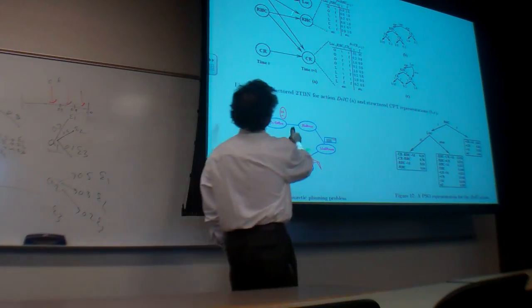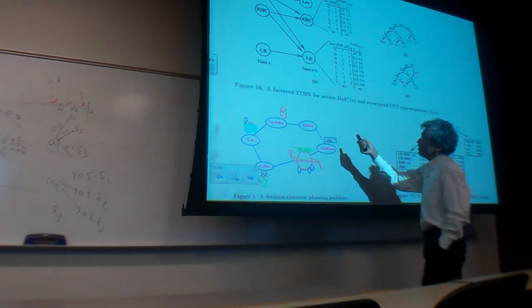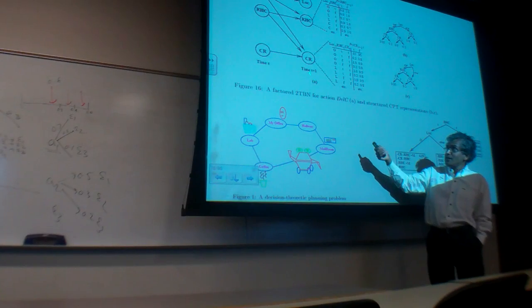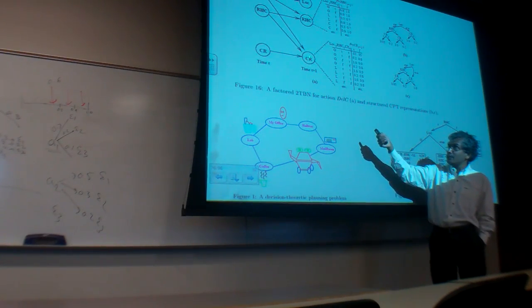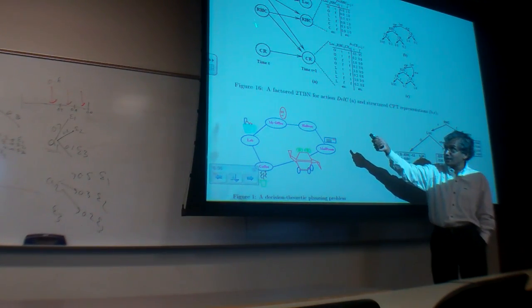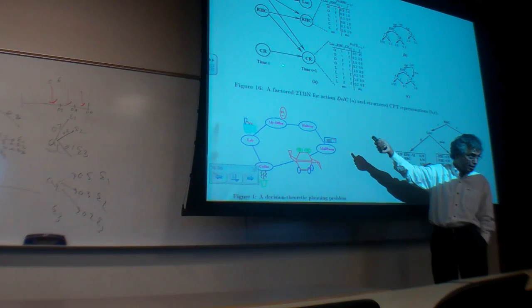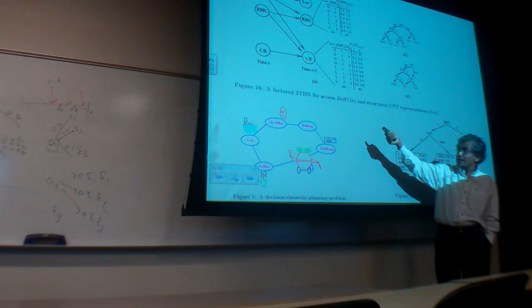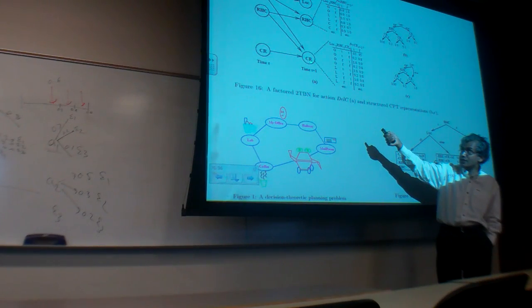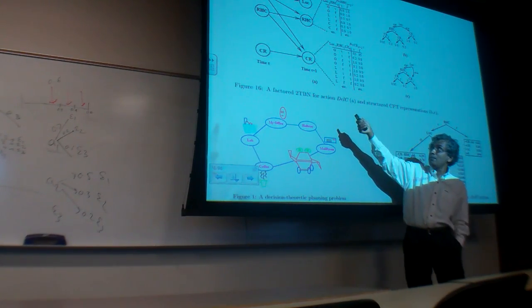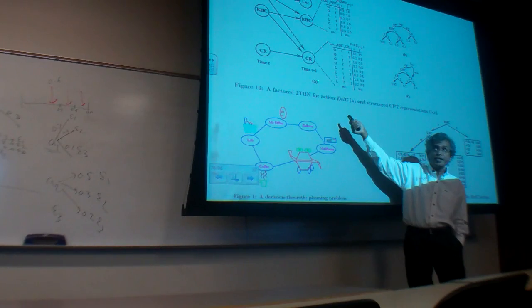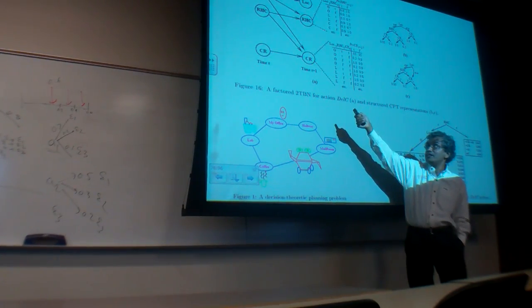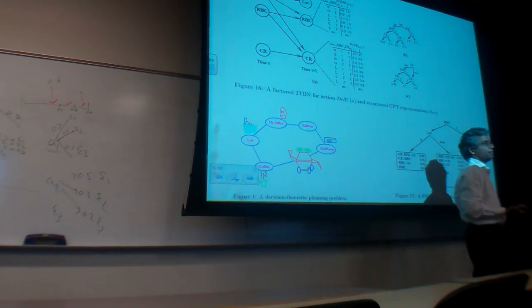In this particular case, it is a dynamic Bayes network, which means the values of the state variables here also depend on the values of other state variables in the previous time period. And it's also a Bayes network, which means that to specify the distribution of CR, I need to provide a CPT, the conditional probability table, which depends on its immediate parents.